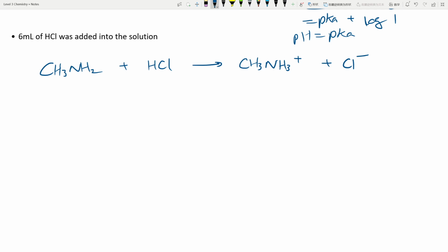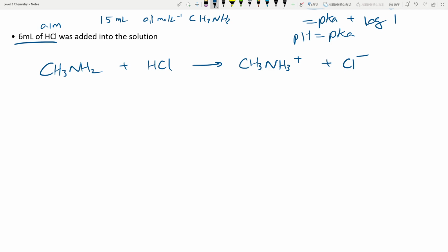This is part of the video that we did before. When you add 6 mL of HCl, remember we had 15 mL of 0.1 mol per liter CH3NH2, that's just in the question. We're adding 6 mL of 0.1 mol per liter HCl. You can see that it's going to neutralize.